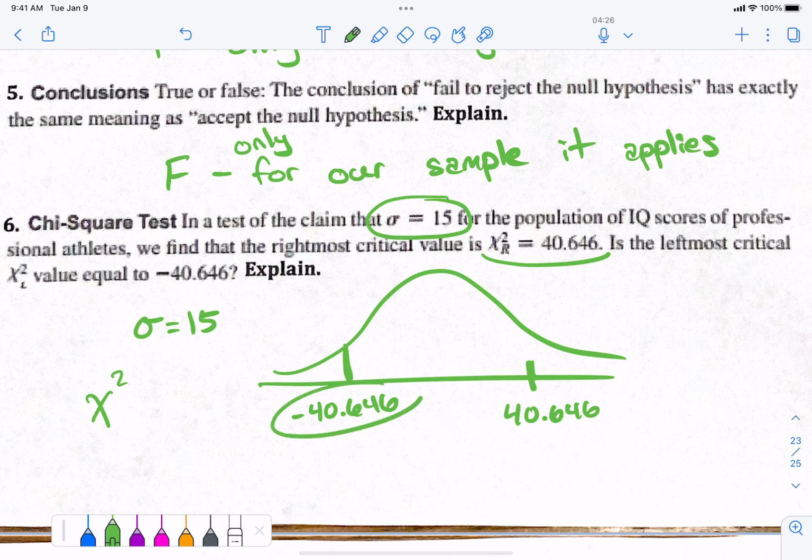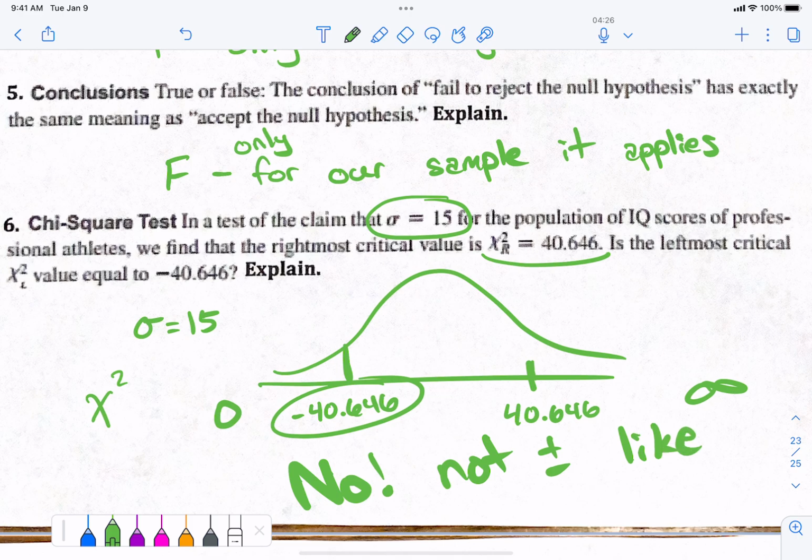No, this number is going to be like 9 point something. Chi-squared goes from 0 to infinity. It's not negative and positive like a z-score. So no, not plus or minus like z or t. Chi-squared has its own set. That's why we don't add and subtract the error, and why we have to use a separate formula for the confidence interval method.